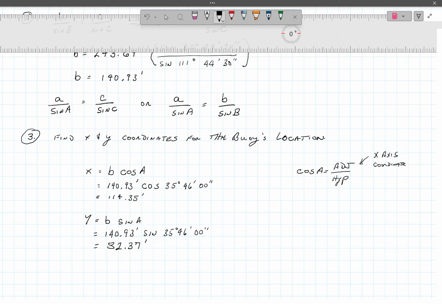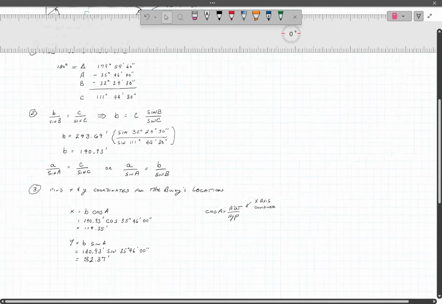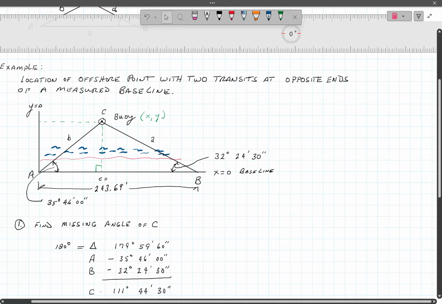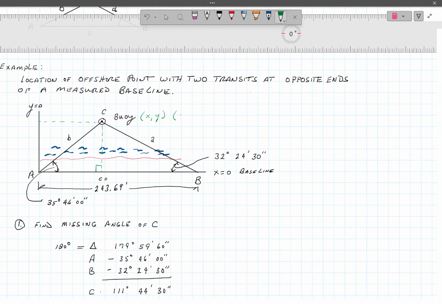So our coordinate for x and y here, let's go back to green for a minute. X is 114.35, comma, 82.37, and that's where we'll find that buoy if we know an exact grid coordinate to plot it on.